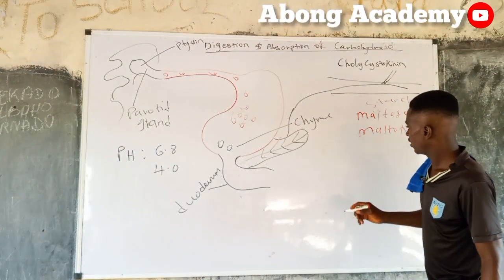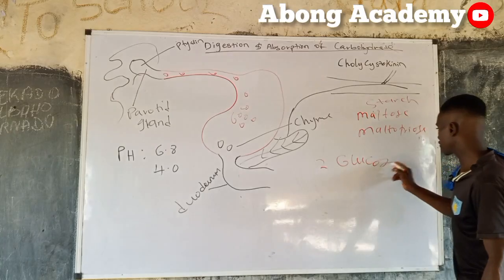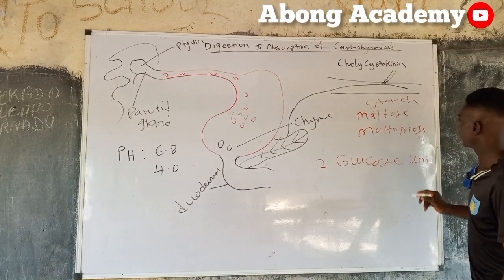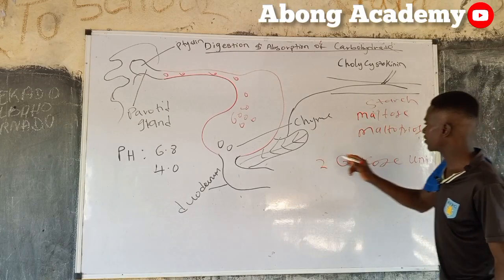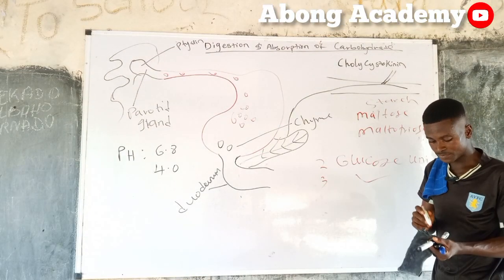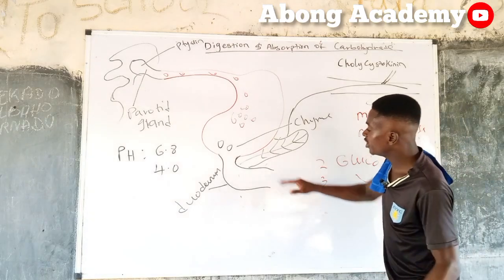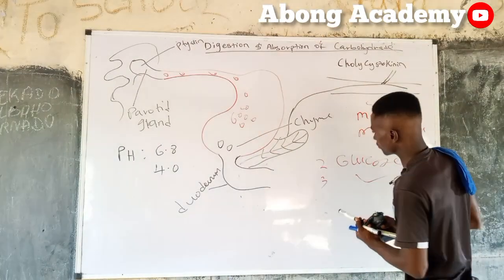Maltose is 2 glucose units. Maltotriose is 3 glucose units. Now all of this is happening in the small intestine.